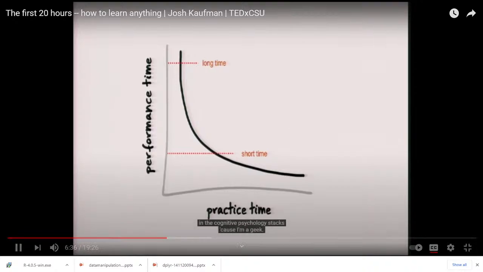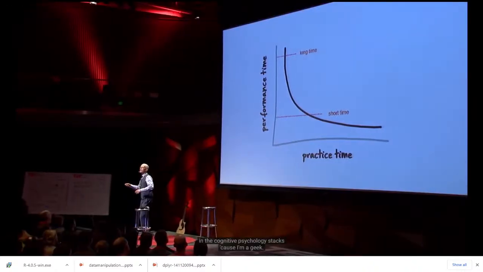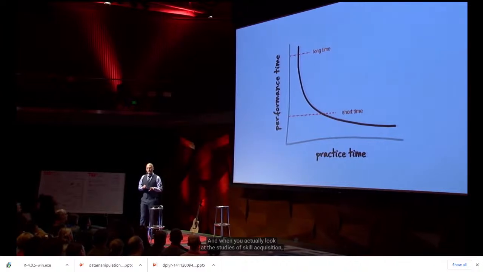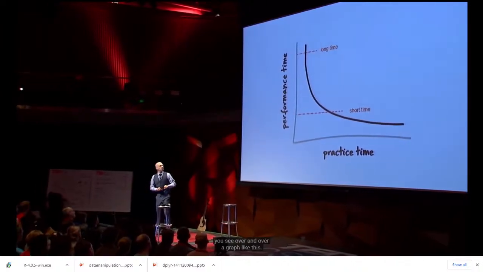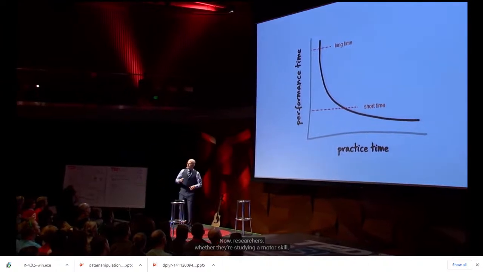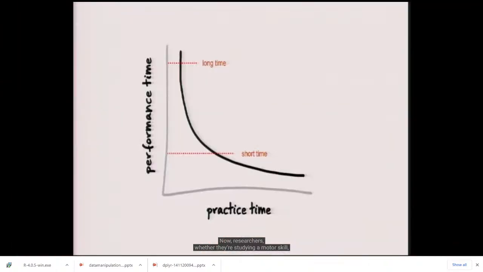So, what the research actually says, I spent a lot of time here at the CSU library in the cognitive psychology stacks, because I'm a geek. And when you actually look at the studies of skill acquisition, you see over and over and over a graph like this. Now, researchers, whether they're studying a motor skill, something you do physically, or a mental skill, like to study things that they can time, because you can quantify that, right?